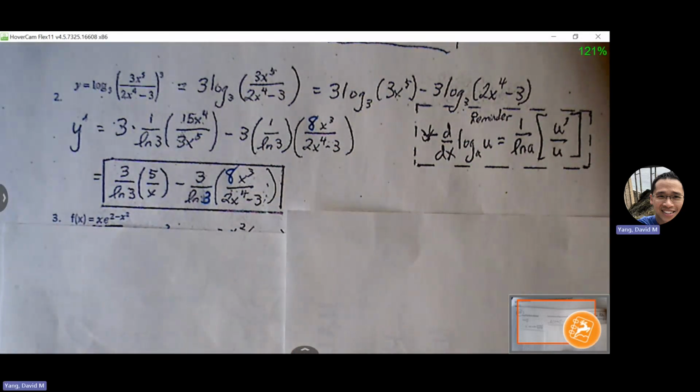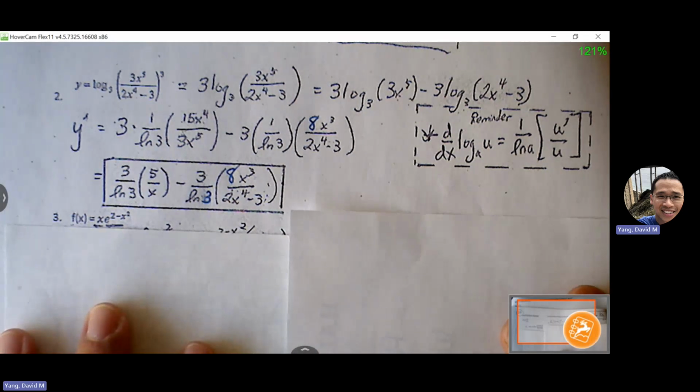Okay, number 3. X e to the 2 minus x squared. What do you see here? Product rule, yeah. This is not a natural log expansion problem. This is x times e to the 2 minus x squared. We just have to jump directly into product rule, right? F prime g plus f g prime.